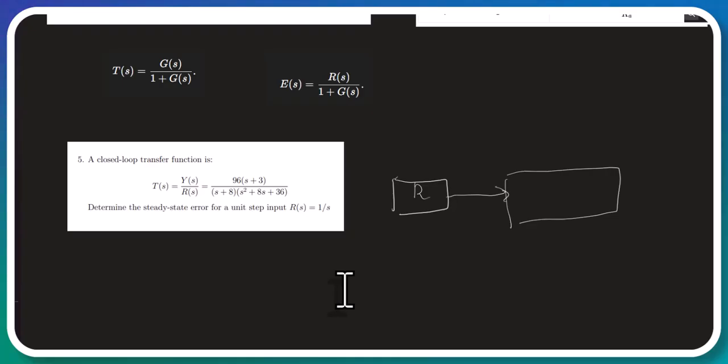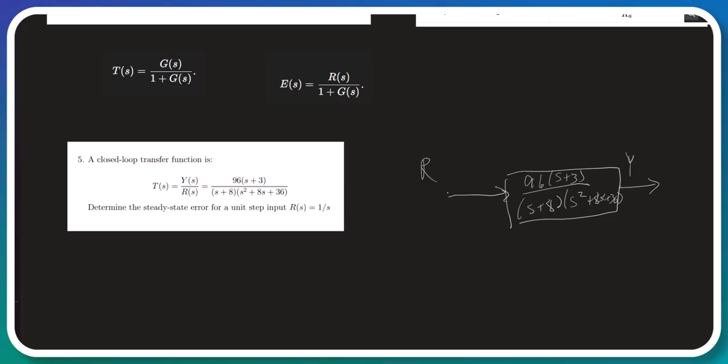And then we have (96 s plus 3) over (s plus 8)(s squared plus 8s plus 36). I didn't draw that well, make that just R. And we get Y. Okay, so that's what we have.